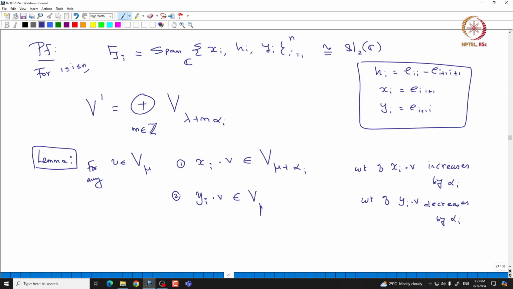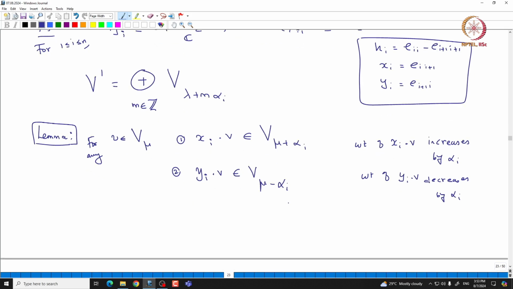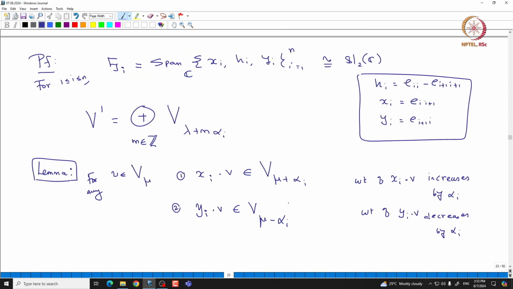That means this is lying inside V_{mu minus alpha_i}. Modulo this lemma, it is easy to see using this that this is indeed an SL2 submodule, this S_i that I am talking about.